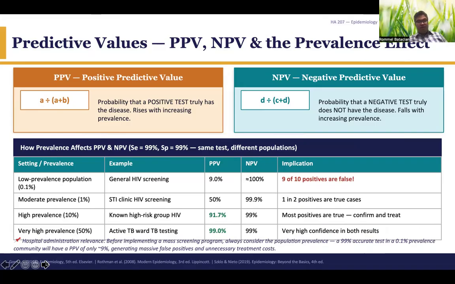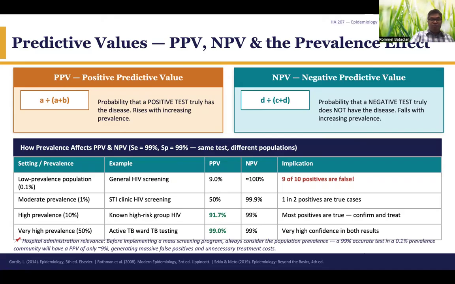Now, how prevalence affects the positive predictive value and negative predictive value. Let's look at the same test, but performed in different populations. For example, in an area with low prevalence, general HIV screening was performed, and based on the findings, there's a 9% positive predictive value and 100% negative predictive value.